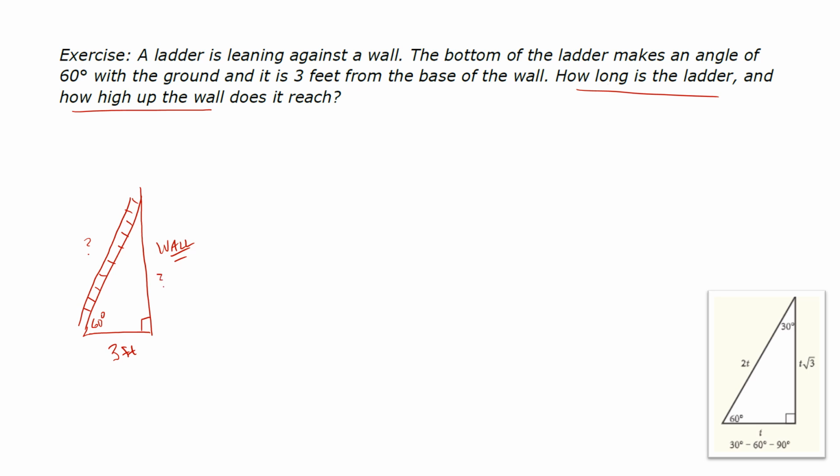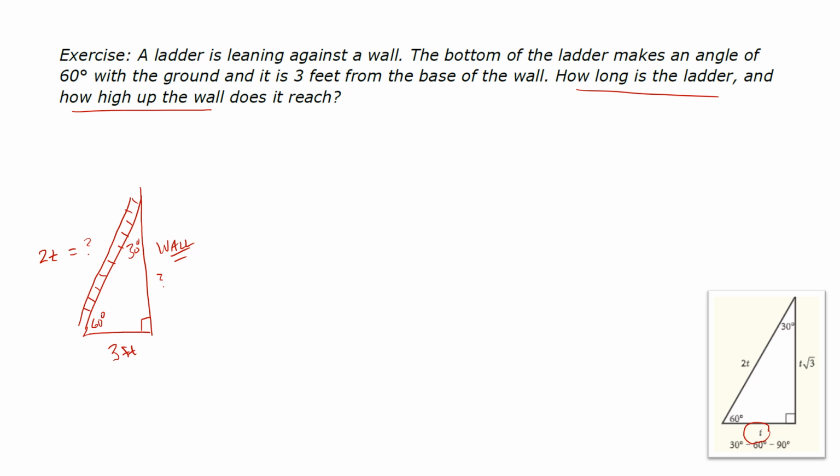So what do we know? Well, we know we're dealing with a 90-degree triangle, a right triangle, a special triangle of 30, 60, 90. We know one side is 3 feet, and that also happens to be the shortest side. So we know t. We need to find how long the ladder is, and that is going to be 2t.